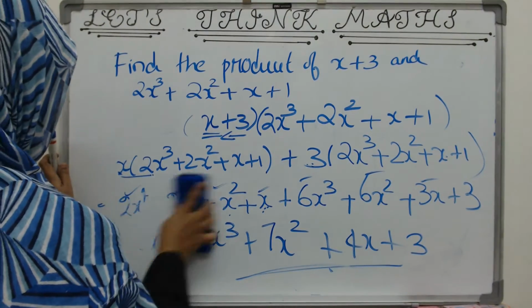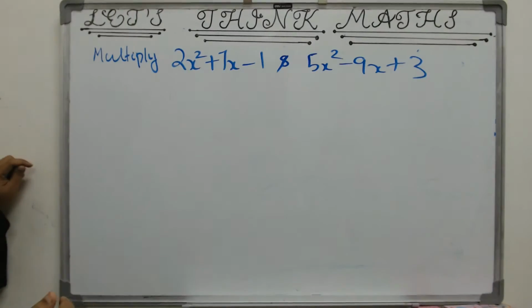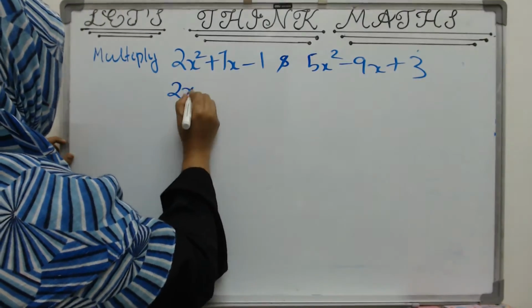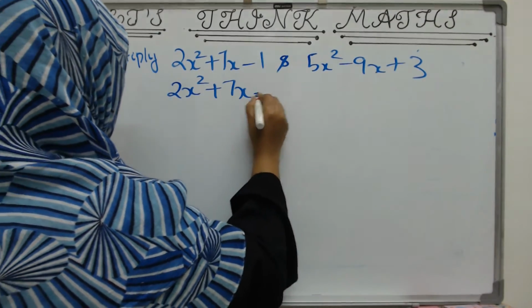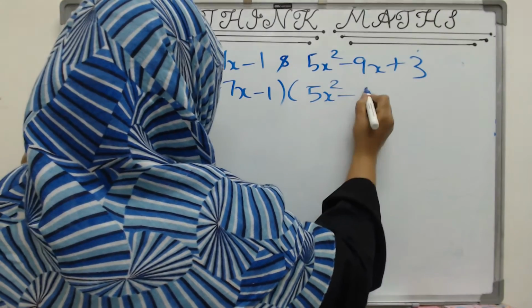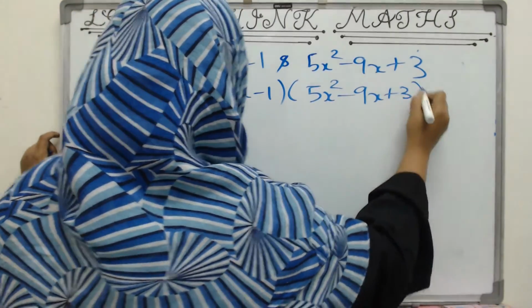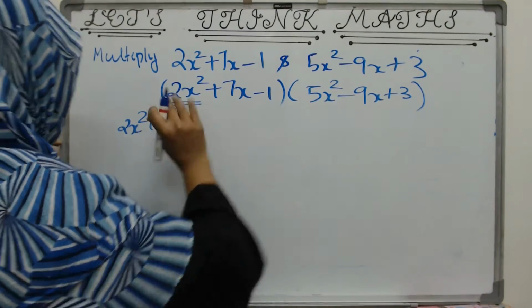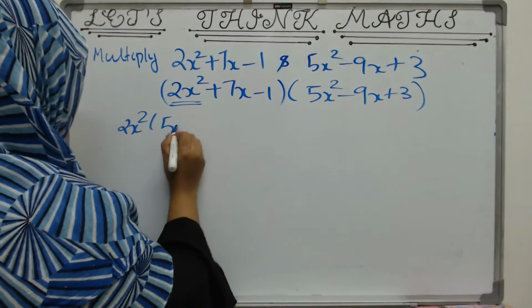We will just see one more example. Now we have to multiply these two. Let me first write them down. Make sure I got all the signs correct. Then what do we do? Take the first term, first expression, then the whole of the second expression.